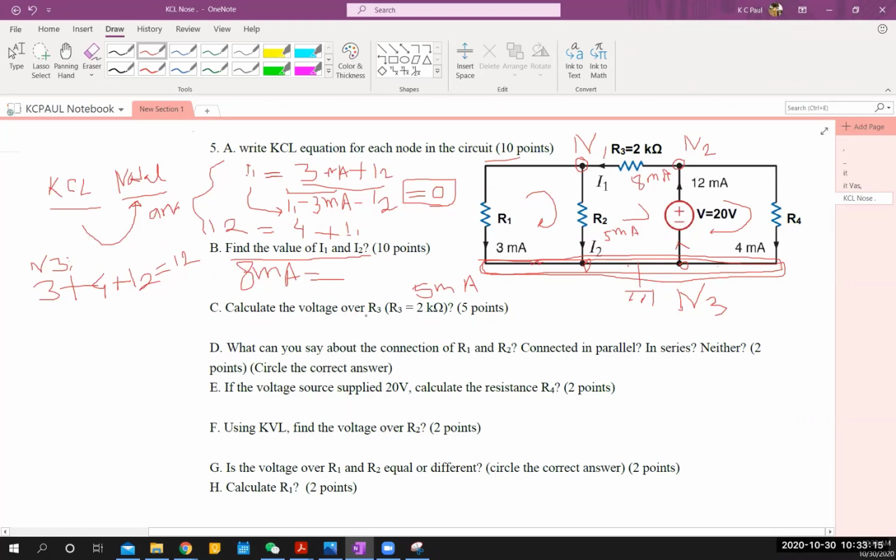Now calculate the voltage over R3, 2 kilo ohm. Most of you have made a mistake here, in part 3. So what is the problem here in part C actually? R3 is 2 kilo ohm, right?